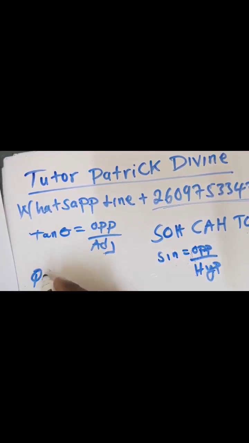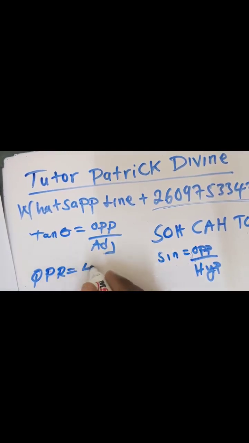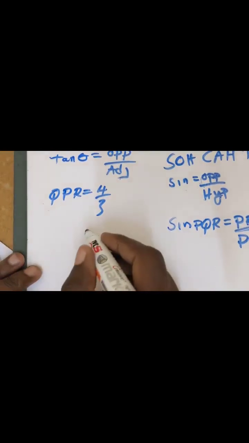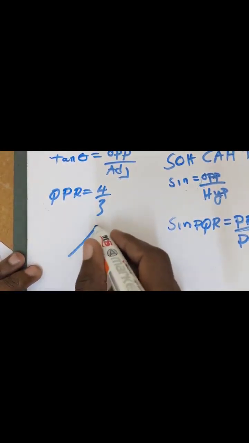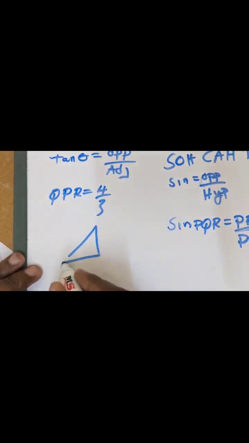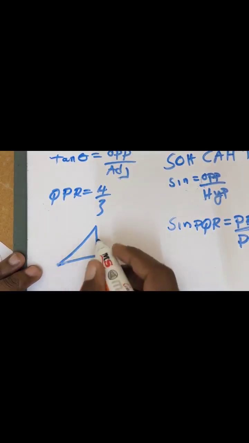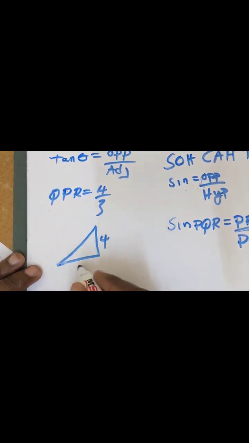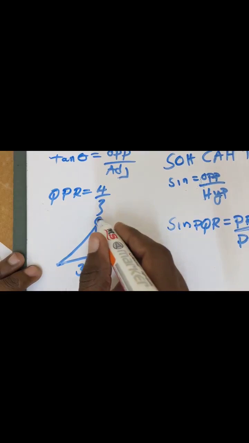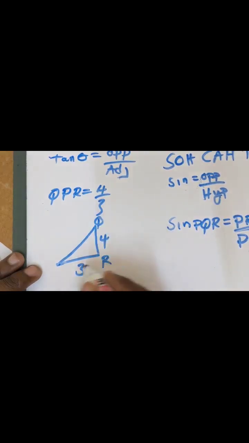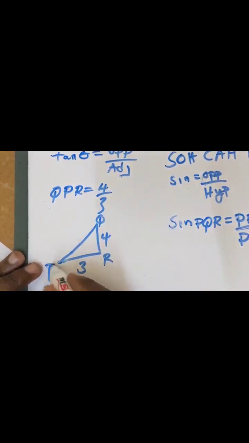Let me just write it down. This is the way it is. Here we have 4. Here we have 3. This is where Q is. This is where R is. This is where P is.